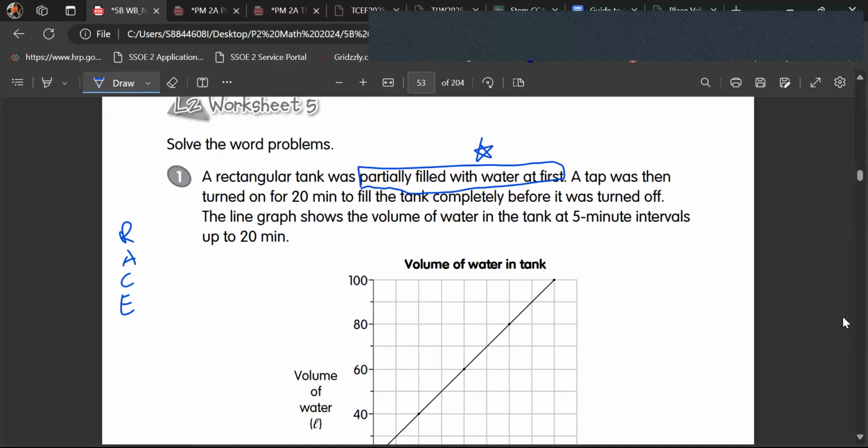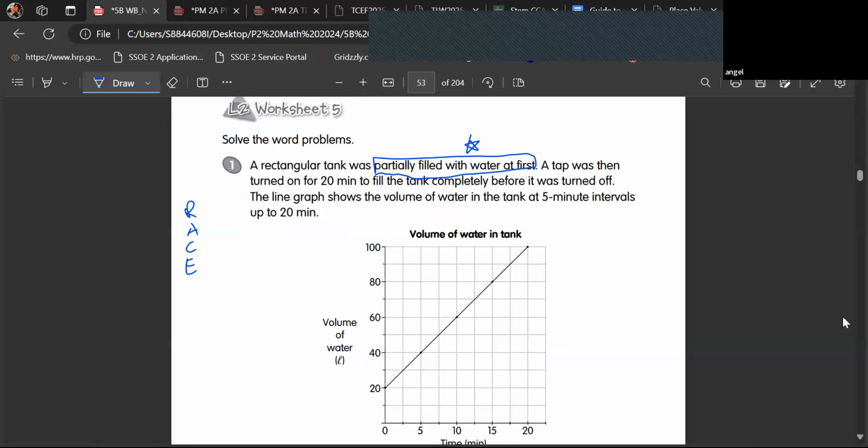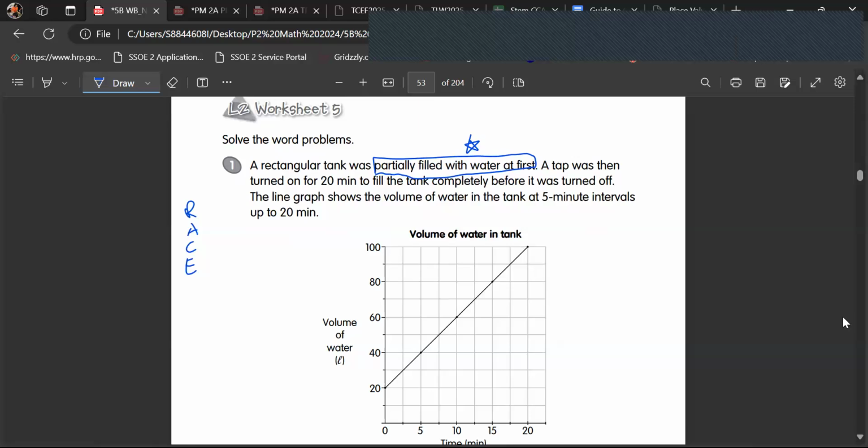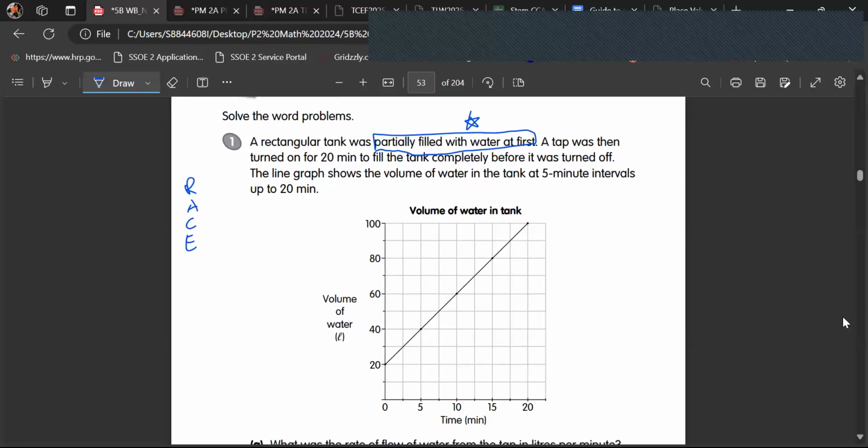What does this question mean? Is the tank empty at the start? No. How much water was in the tank at first, at the start? Let's repeat the question.